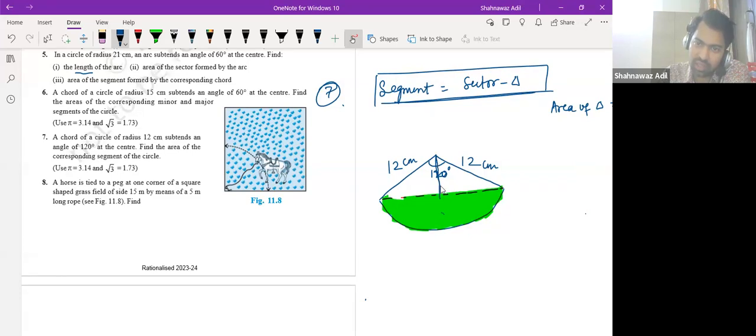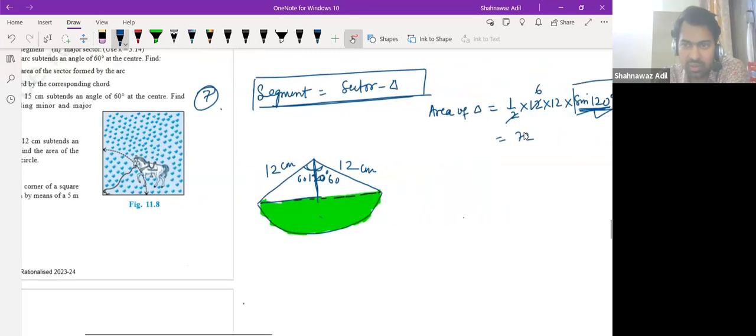Okay, so in your school, they divided this into 60 and 60. Then we can calculate the length of the chord, and we can also calculate the height. Yes, that we can also do.